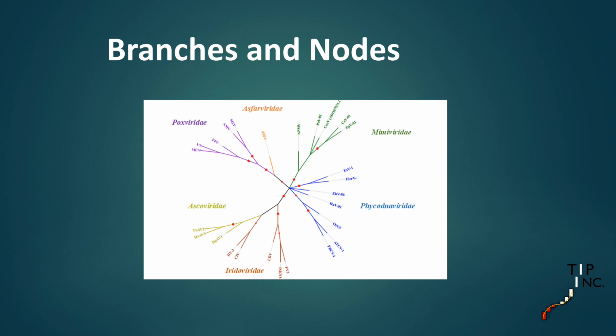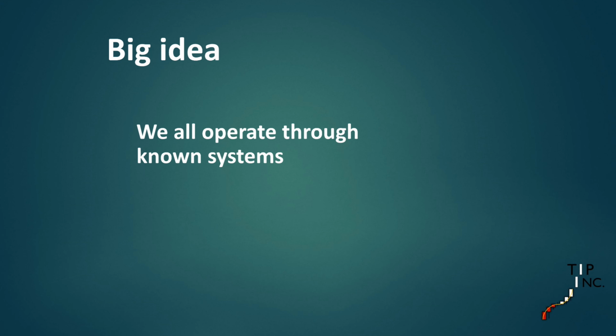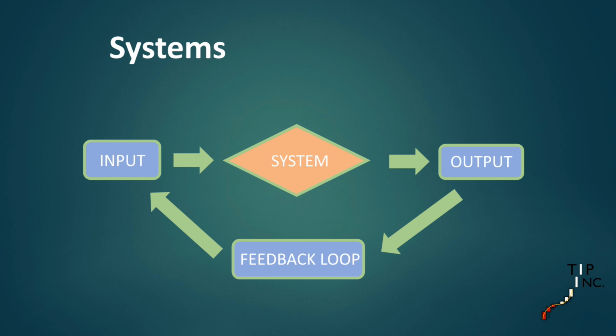And you can use this in so many different areas. And this is just an example. This is the graphical representation of structures in science. So the big idea is we all operate through known systems of branches and nodes. And there's input.